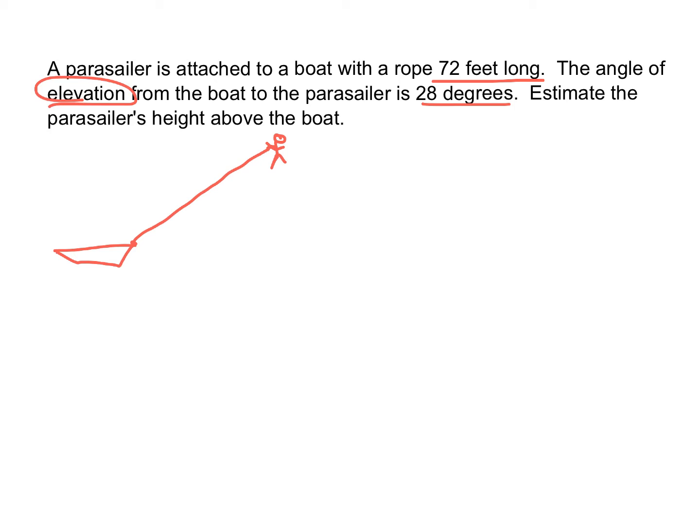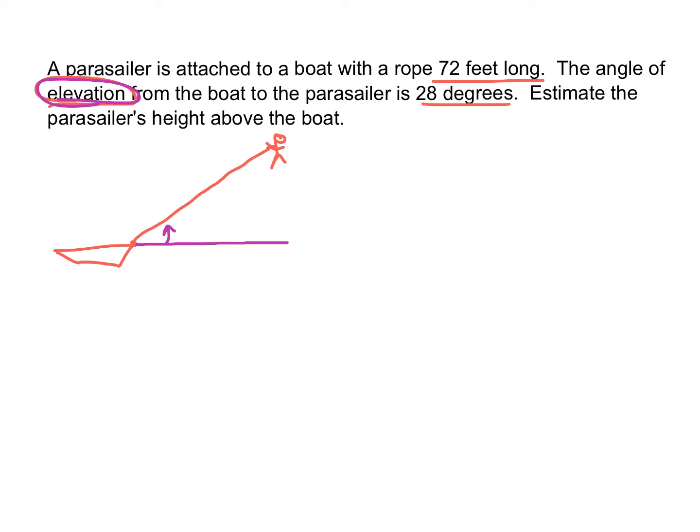Now what we know is that we have an angle of elevation from the boat, and the rope is 72 feet long. Because it's an angle of elevation, we know that we're going to need a line going outwards to represent the sight line parallel to the ground, and then we have to represent the angle of elevation being the way that our eyes elevate upwards.